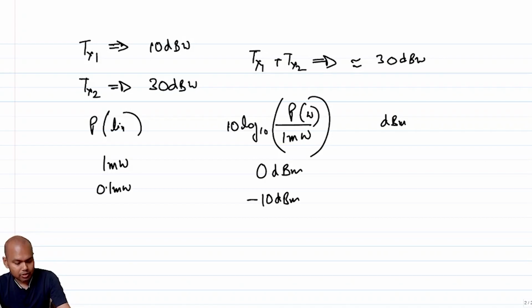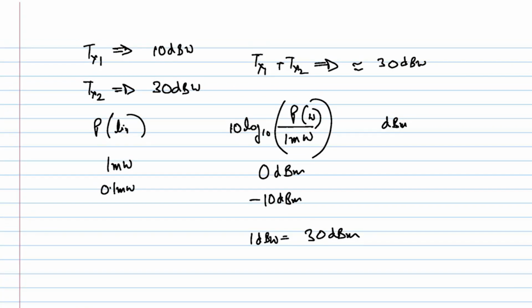And then what is the relationship between dBm and dBW? So clearly, 1 dBW should mean 30 dBm, because essentially you have 1000 milliwatt by 1 milliwatt, and 10 log of that is essentially 30.